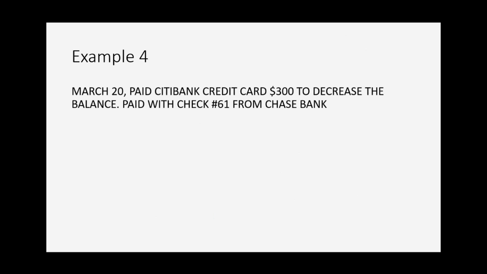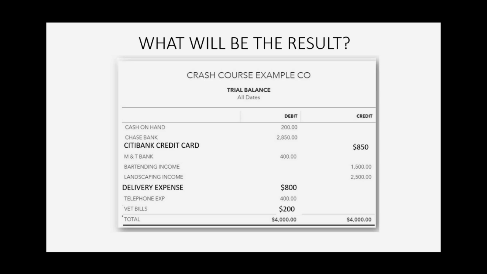Now our last example is an example of paying down the credit card. Let's imagine on March 20, we paid Citibank credit card $300 to decrease the balance, and we paid it with check number 61 from Chase Bank. So what's going to change?